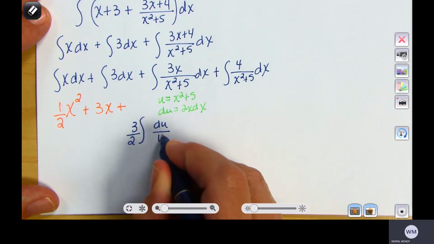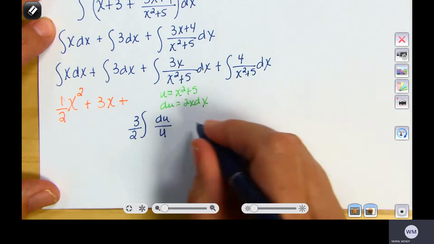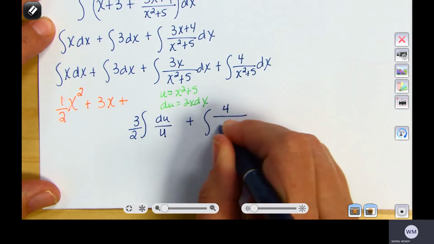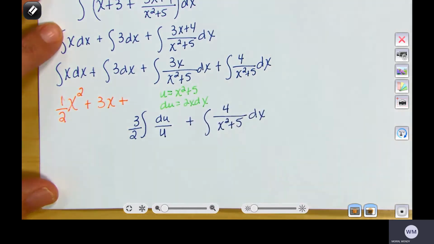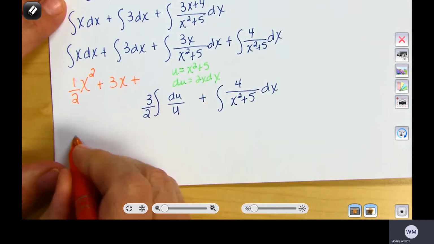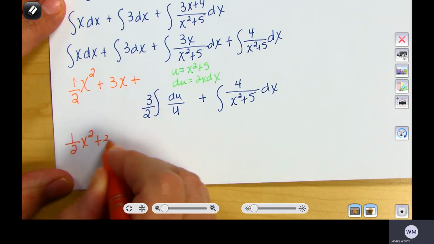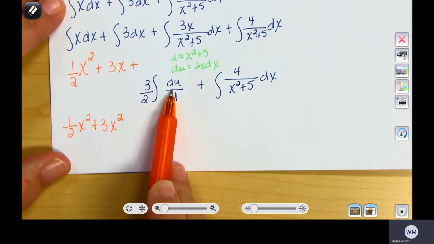That's my u. Okay. So I still have to do the last 2 here. All right. So this is done. This one is done. And now this is ready to be done.